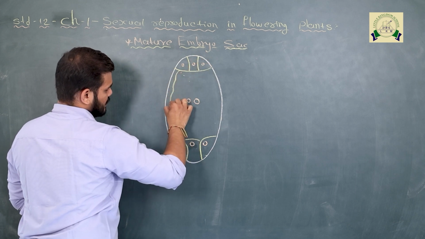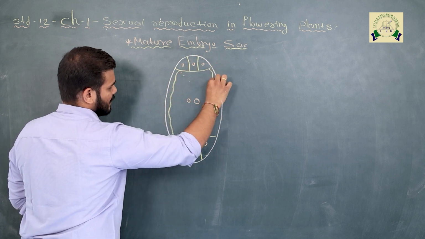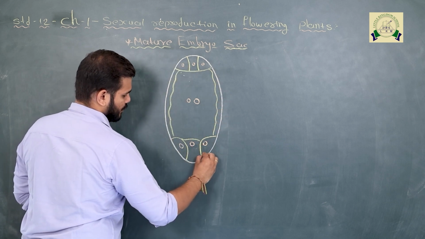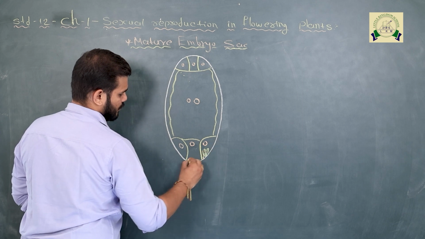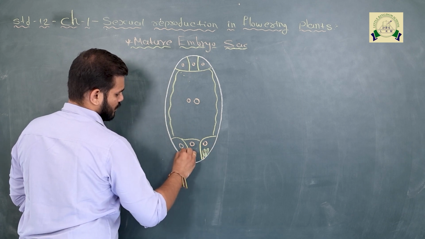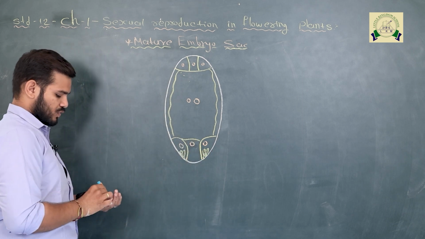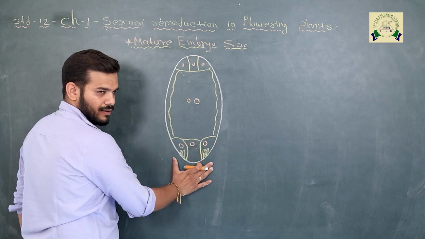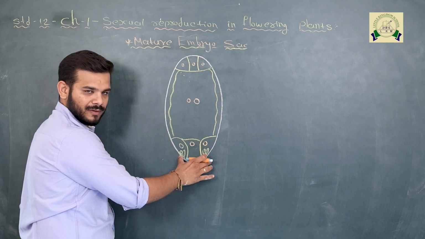And in center there is a large cell present. Clear? So now let's label these 3 cells present at the base.